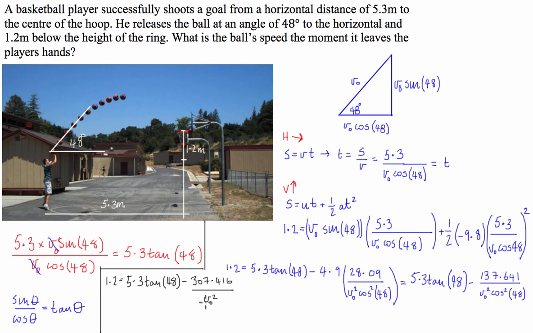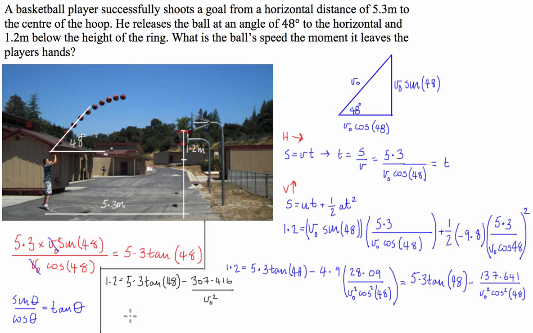Okay, so we're going to use a little bit of algebra again. I'm going to move this entire thing over to the other side, then multiply by v squared and then divide by that entire thing.